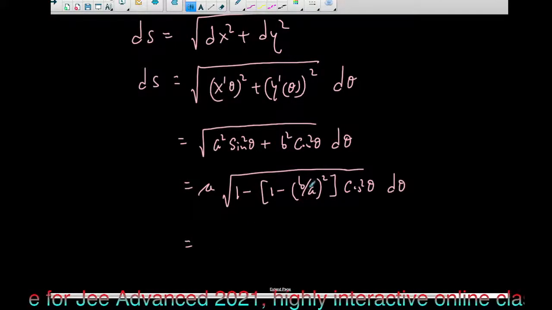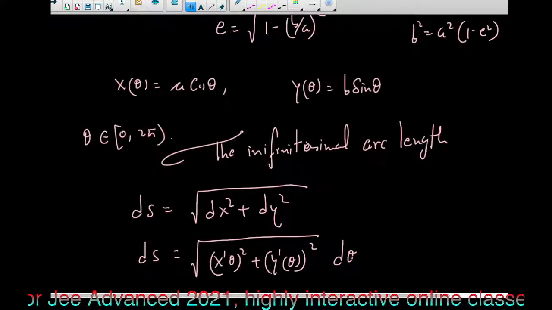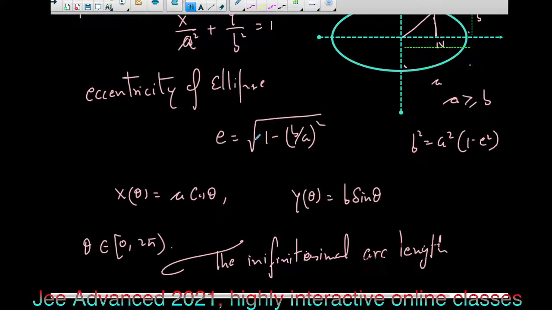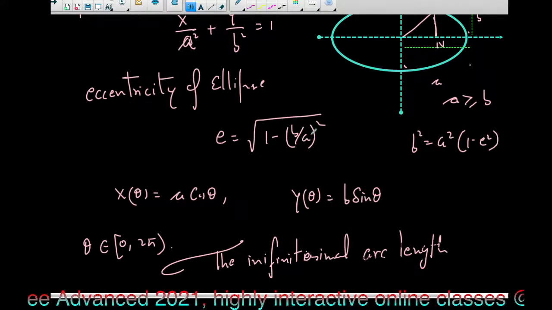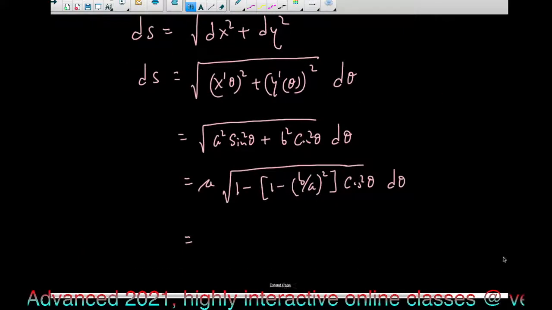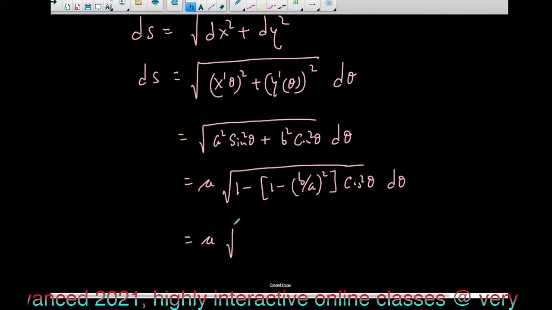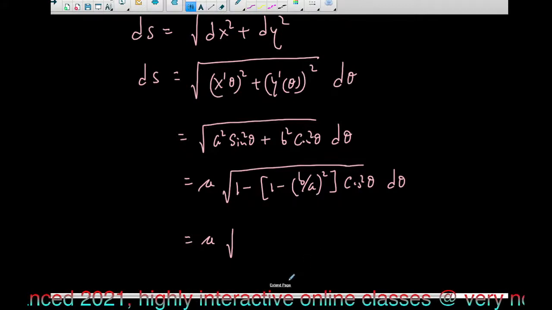I have written this because here we can make the terms into the eccentricity, 1 minus b by a whole square. Directly we can write e over here. e is the eccentricity part. Is this all right? That's why I have chosen this concept.